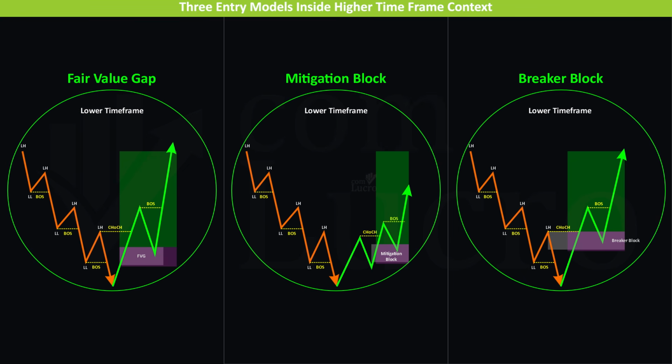In this case, the up-close candle, or series of up-close candles, located between the first swing low and the swing high, defines the breaker block. This is the area used to execute a long entry. The very same principles apply to bearish entry models, just mirrored in the opposite direction.